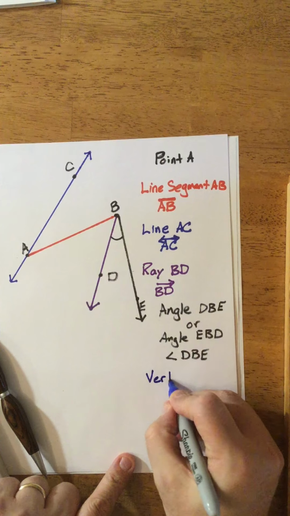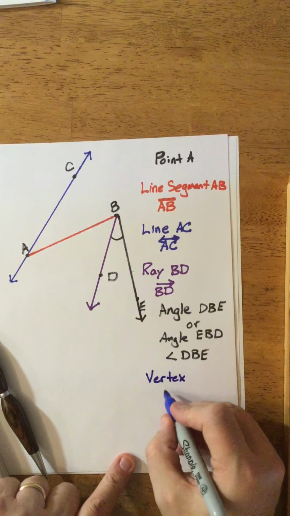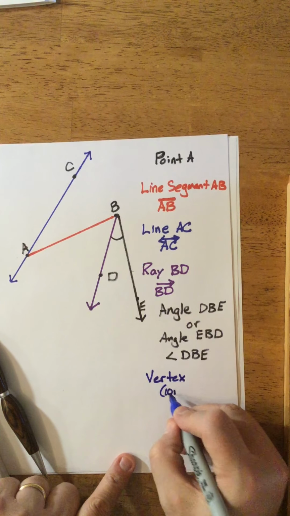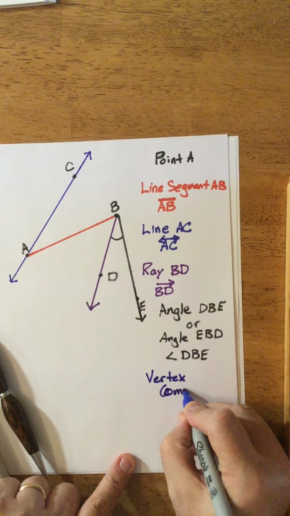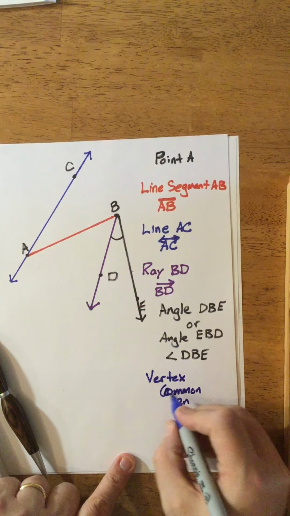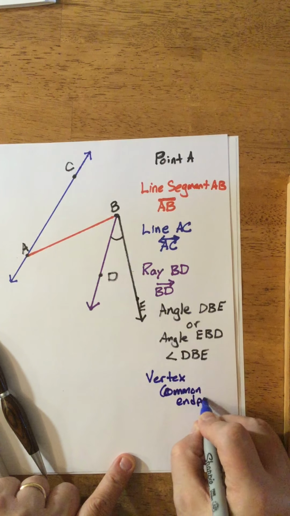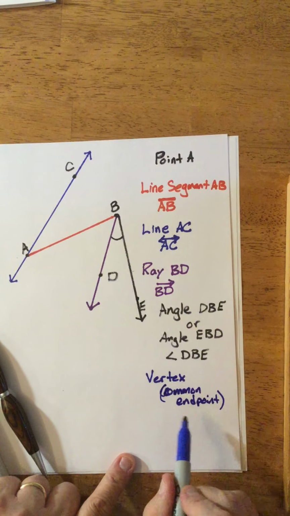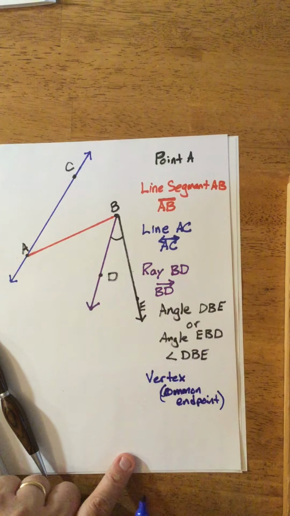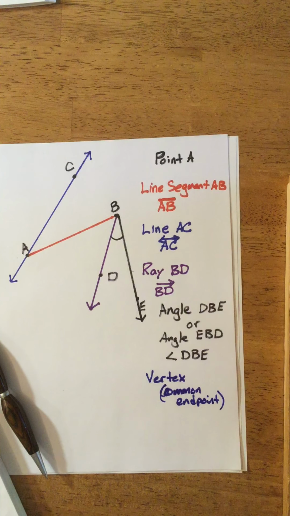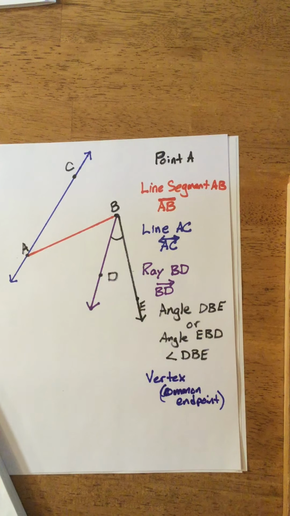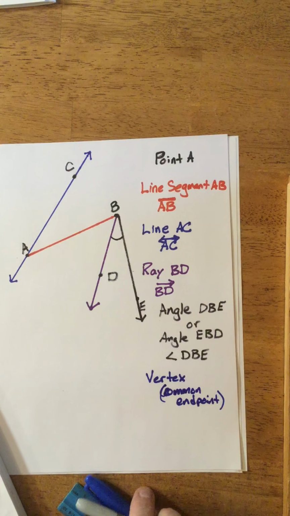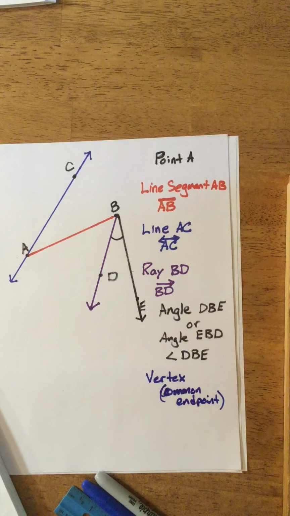And I'm going to go ahead and write that. Vertex is a common endpoint that both rays share. So we have those six vocabulary terms. So that's our first part.